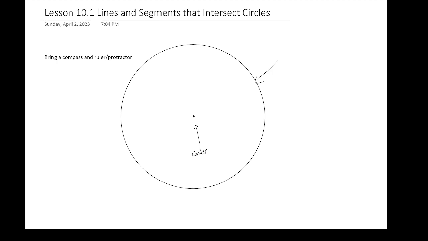So every single point here that's on that curve is going to be on the circle. The distance from the circle to the center is going to be the same, okay? So first of all, let's consider all the ways that we can put a line segment through a circle, okay?